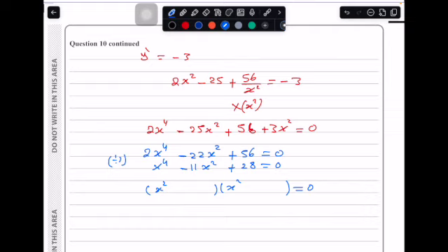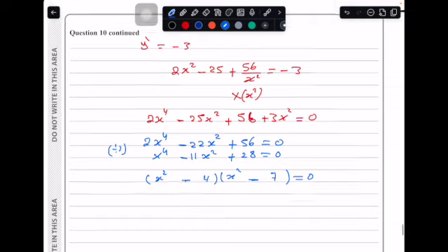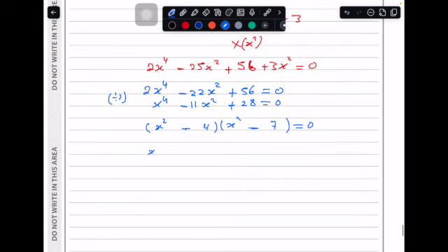We have x squared times x squared equals 28, which is 4 times 7, and both sum to give you 11. So x squared is equal to 4 and x squared is equal to 7. In both cases, x is equal to root 4, which is 2, or x is equal to root 7, and root 7 will be the only one.